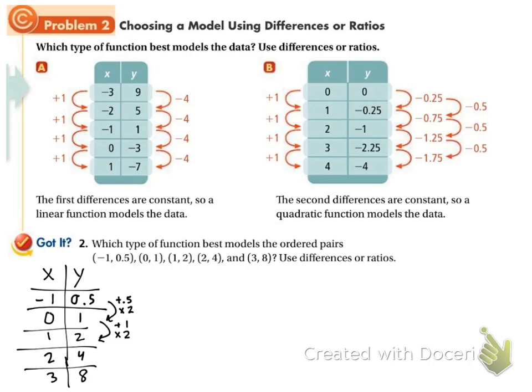Just because I have 2 multiplyings there that match up, I'm not going to stop because it could change going on, and I could be looking at a quadratic, even though the addings wouldn't be the same yet, right? So I'm just going to be thorough and do both all the way down. To get from 2 to 4, I would add 2. I could otherwise multiply by 2. To get from 4 to 8, I could add 4 or multiply by 2.